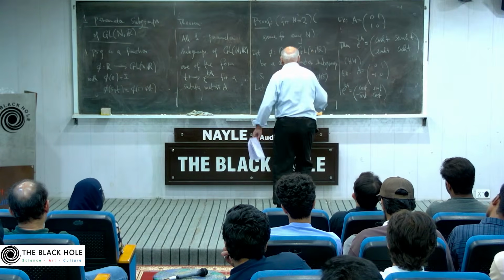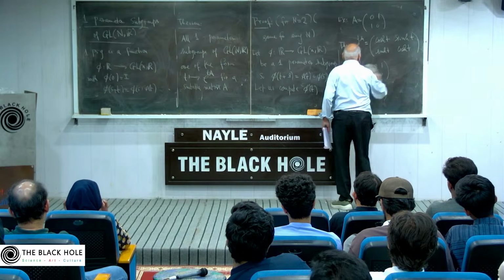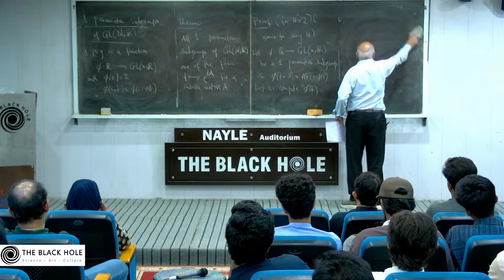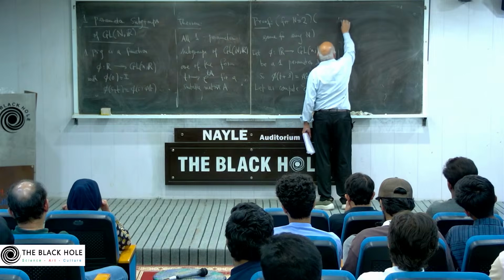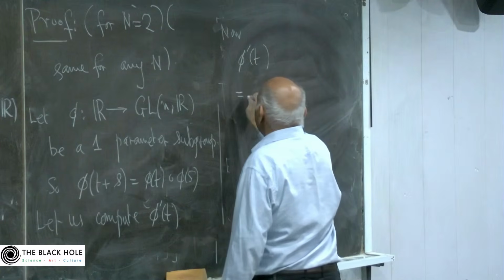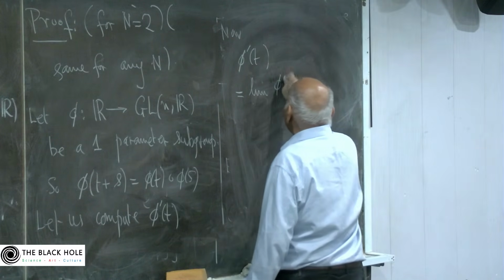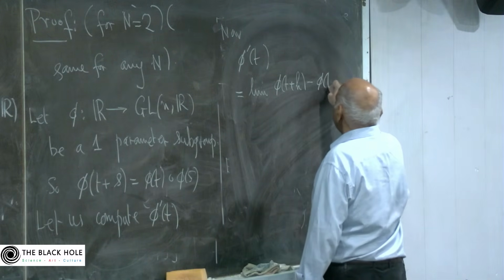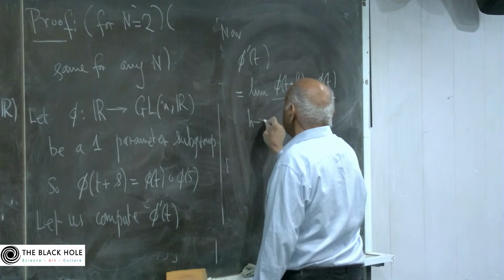So now phi prime t is the limit of phi of t plus h minus phi t divided by h as h goes to 0.